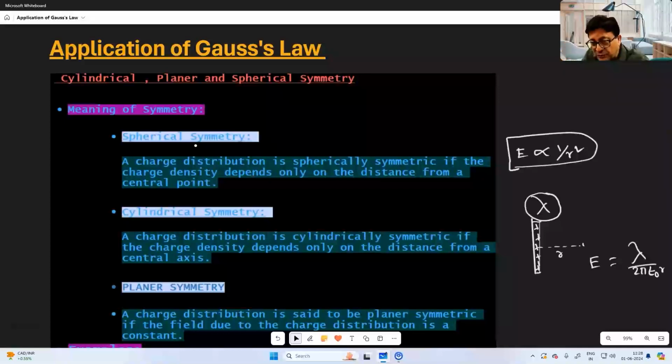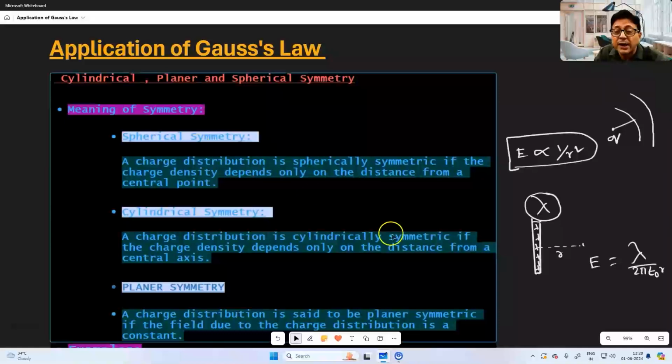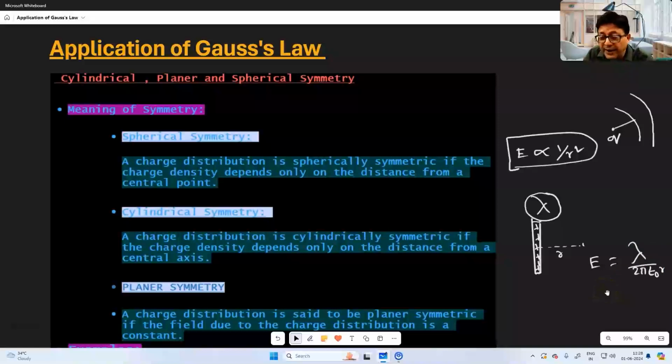Do you understand? So this spherical symmetry was possible for a point charge. At a certain distance r, strength of electric field is proportional to 1 by r square. If you go far away from this charge, then also it is inversely proportional to square of distance. And due to this linear charge distribution, and we will find more cases here, due to cylindrical charge distribution, hollow or solid cylinder, it doesn't matter, E is proportional to 1 by r.